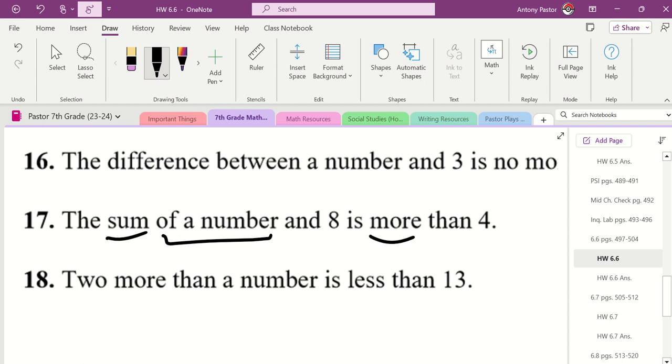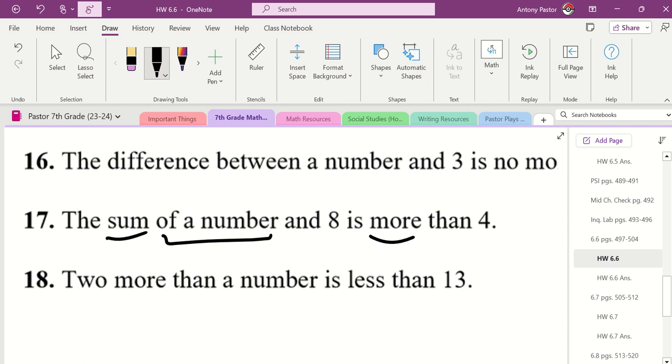What does that represent? What does the sum of a number and 8 mean? How would you write that out, Matthew? The sum of a number and 8. What does that mean?